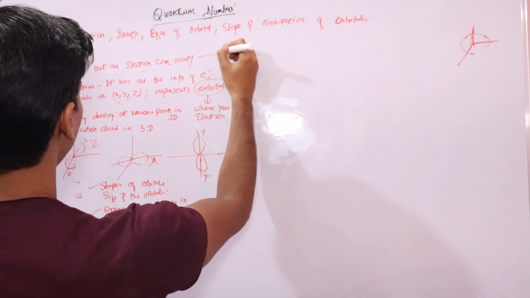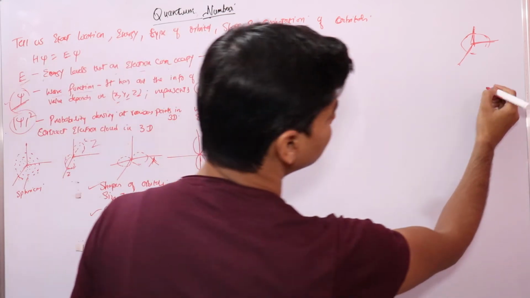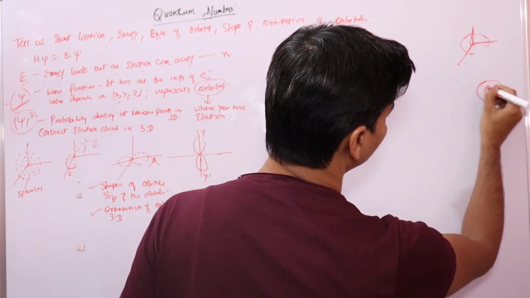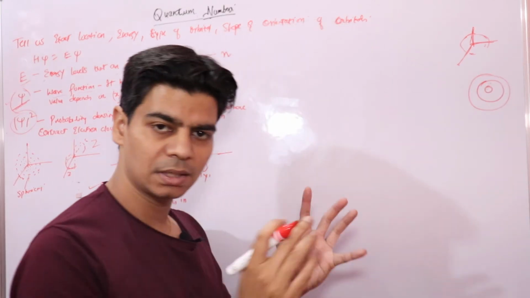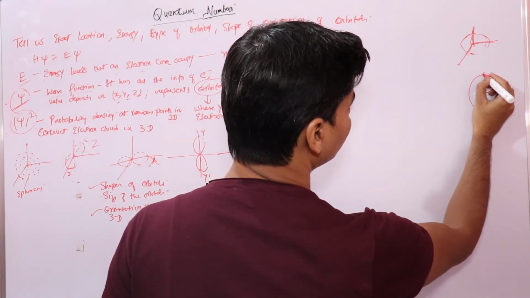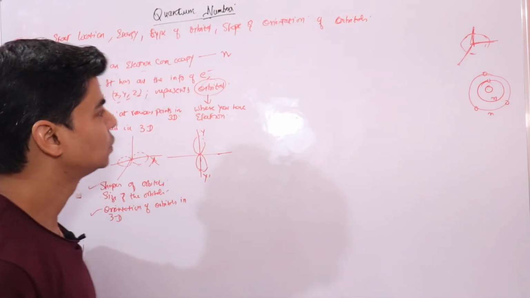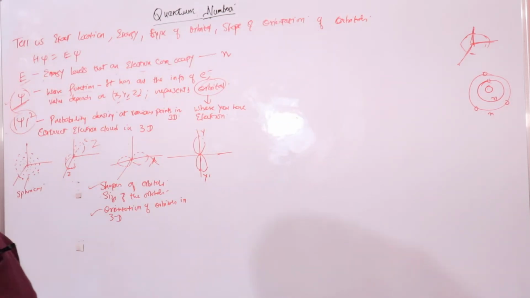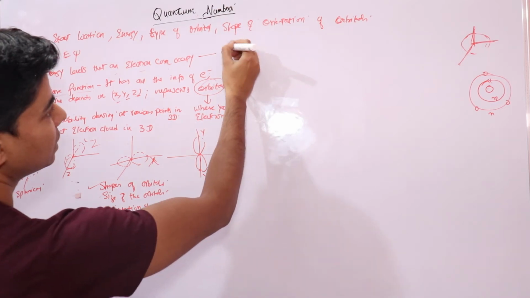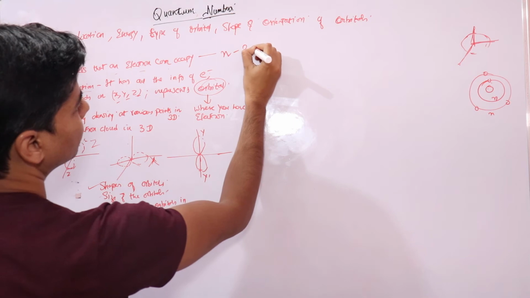This is represented by N. We drew orbital diagrams in class 9th and 10th, and this is how we represent these electrons. These represent the value of N. So these are the energy levels that an electron can occupy, represented by N, and we call it the principal quantum number.